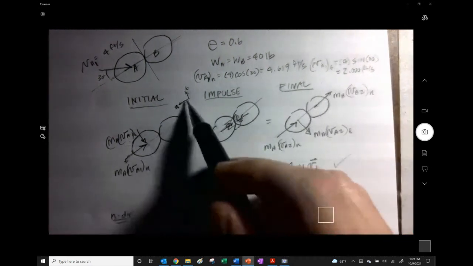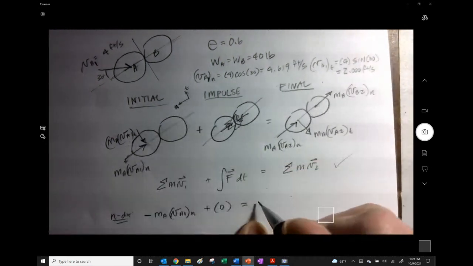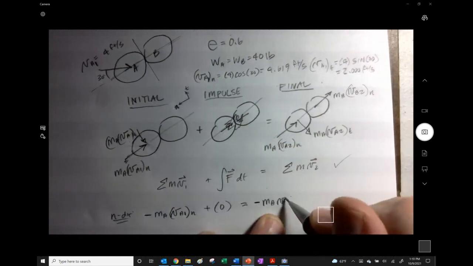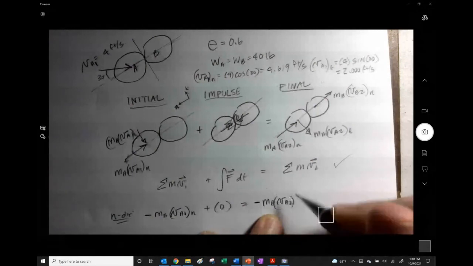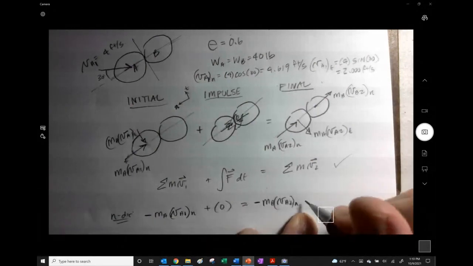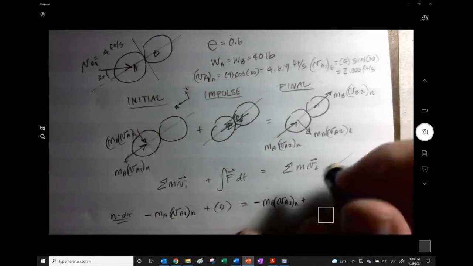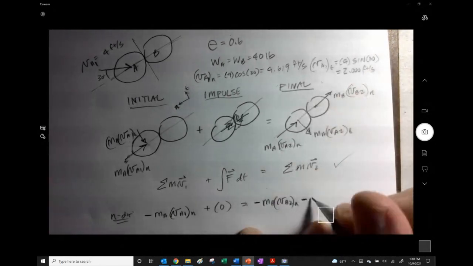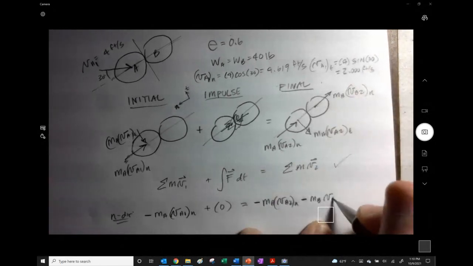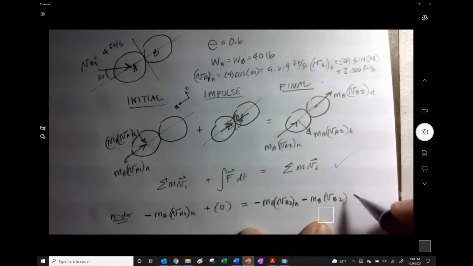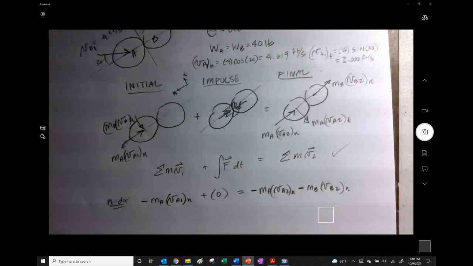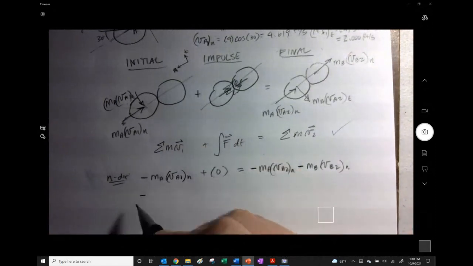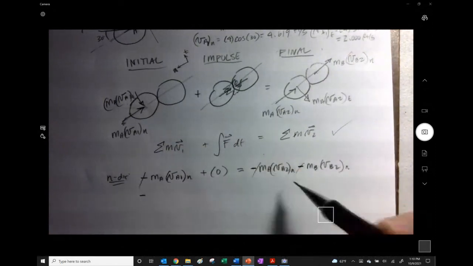So my choice of positive was a little off, but that's okay. Minus MA VA2, and plus, well, nope, I'll make it minus because I'm showing it in the minus direction, MB VB2 in the normal. One thing I could do is just make everybody positive.